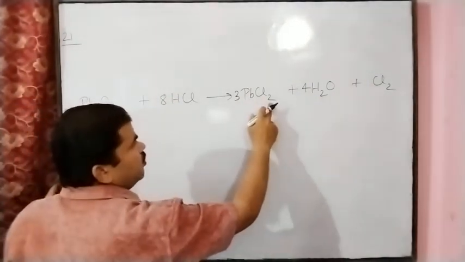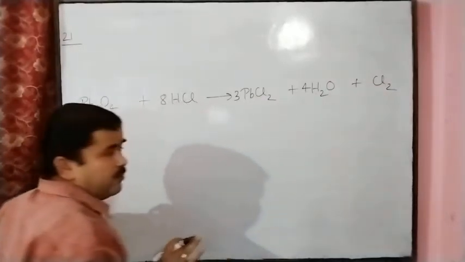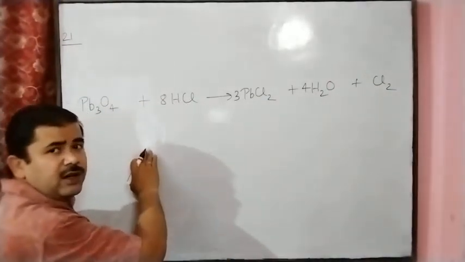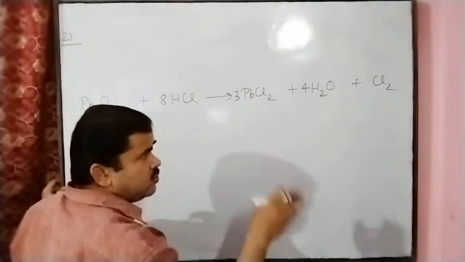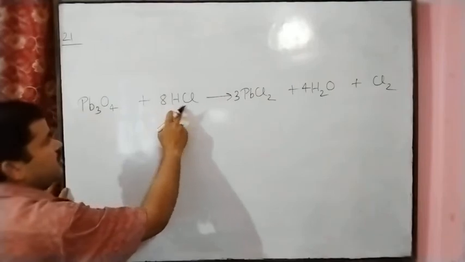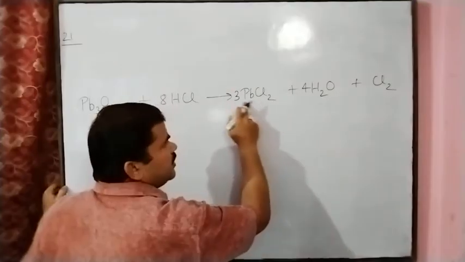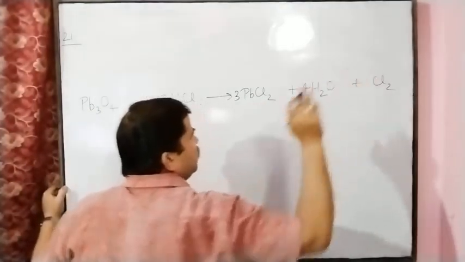So here 6 chlorine and here 2 more chlorine. Total here 8 chlorine. So reactant side 8 chlorine and product side also 8 chlorine atoms. 3 times 2 is 6 and 2 more, total 8.